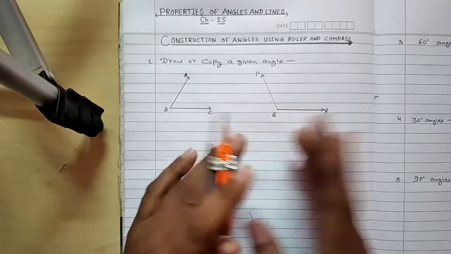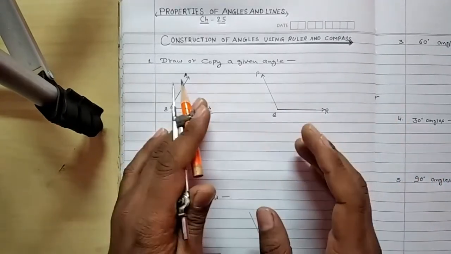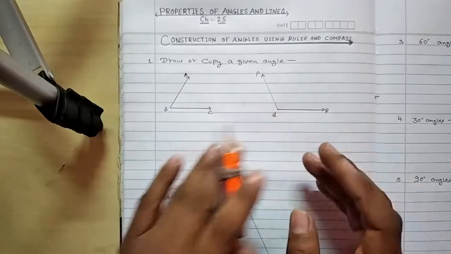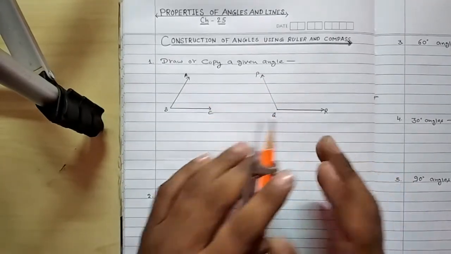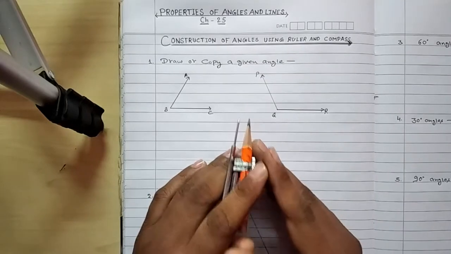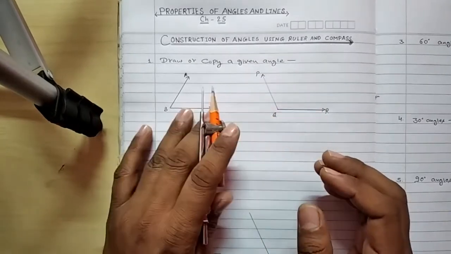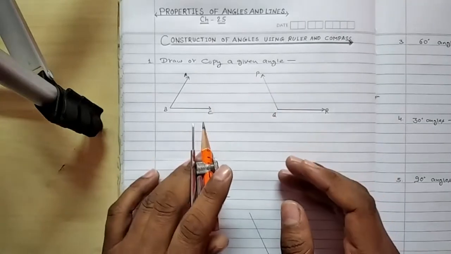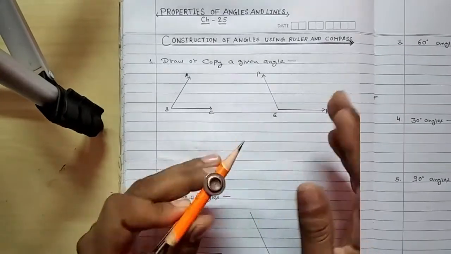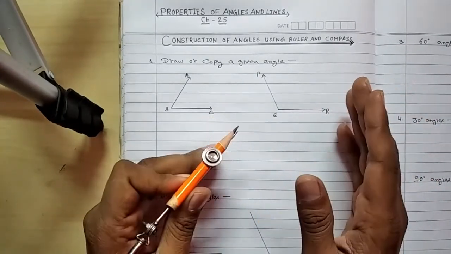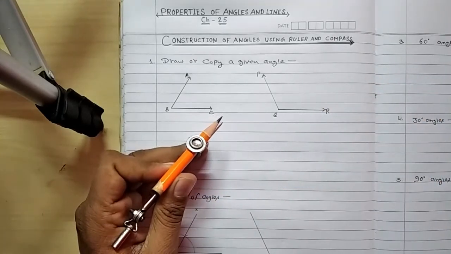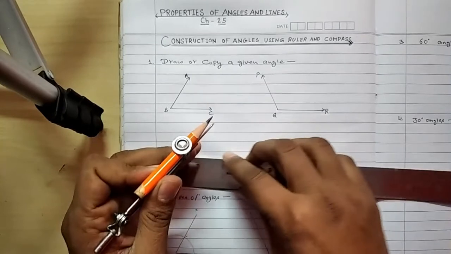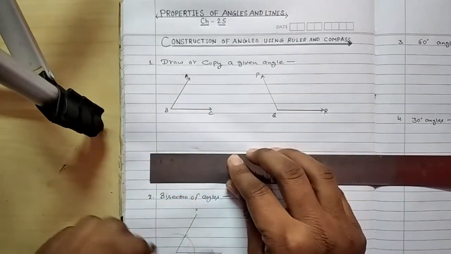Now I am going to tell you how to draw or copy the given angle at a different place. As you can see here, two angles ABC and PQR are given, and we have to copy both angles with the same measurement at a different place. So to copy the angle, first of all you will draw a line segment of any measurement.